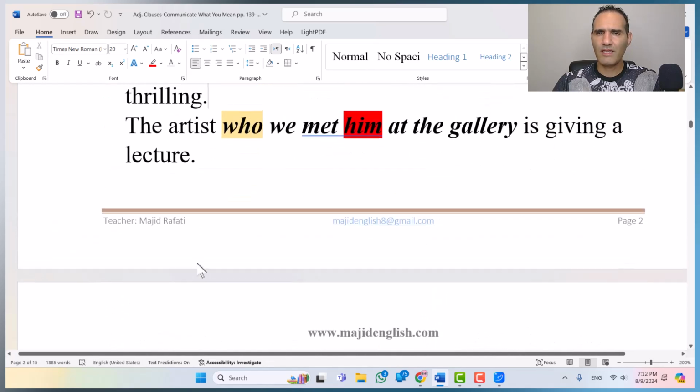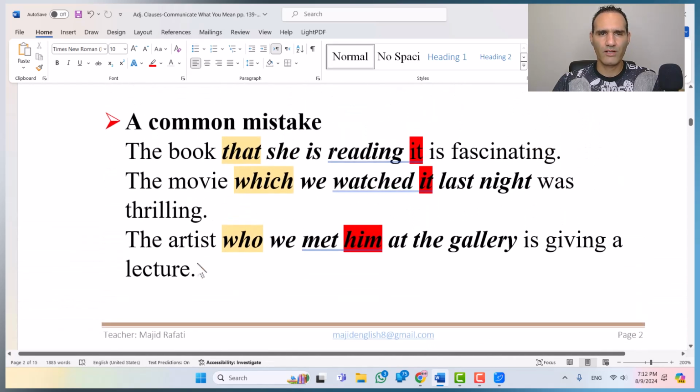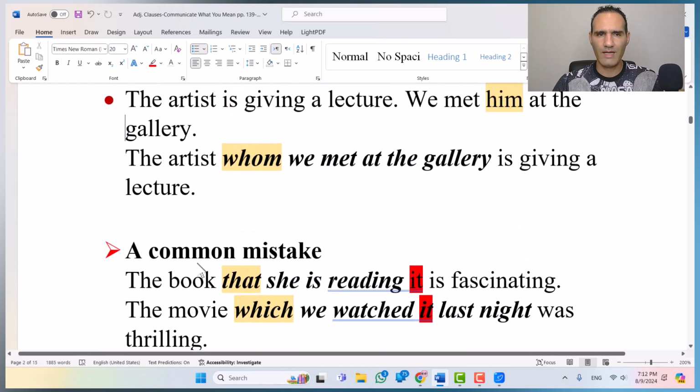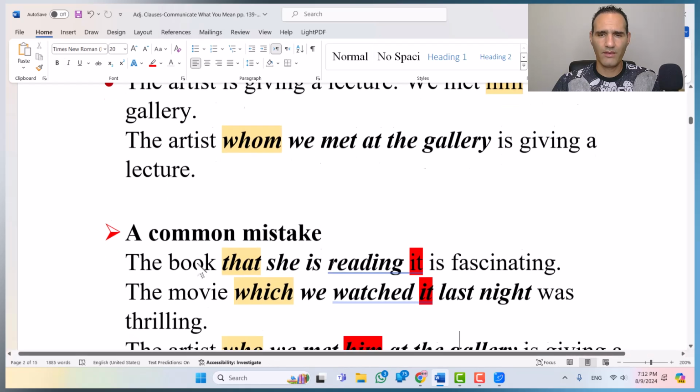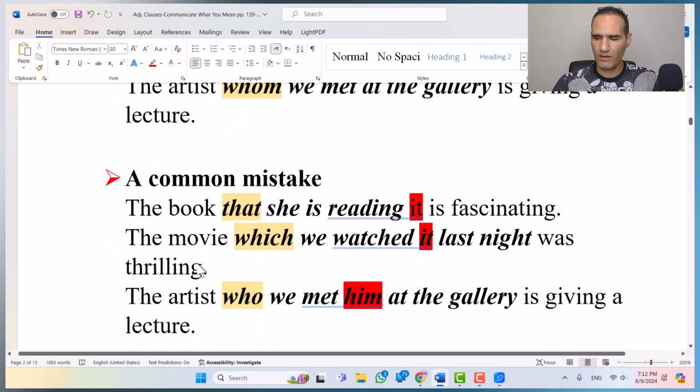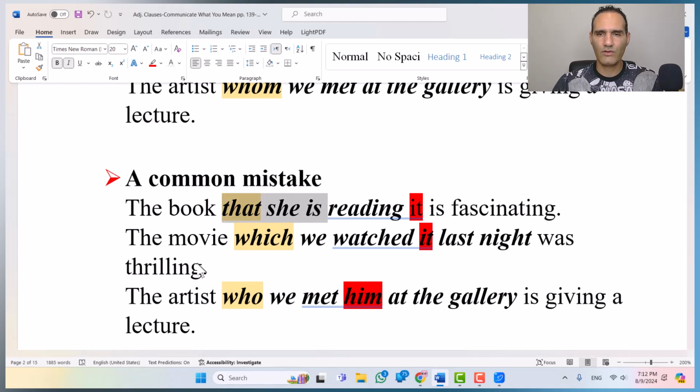A common mistake here that I see in most of my students is that they bring the relative pronoun, which is that, whom, which, who, whatever, and at the same time they repeat that reference word as well. How? Something like this. In the three examples that we just covered, the mistake version will be like this. The book that she's reading it, so this it is the mistake.